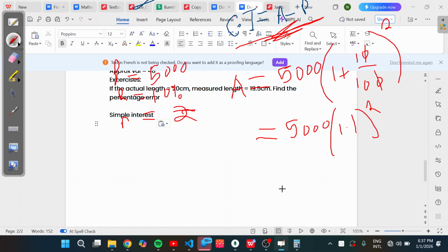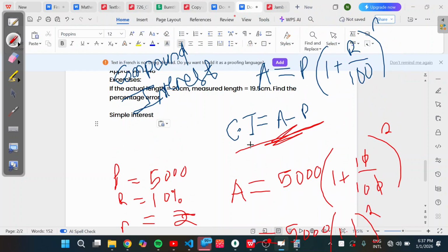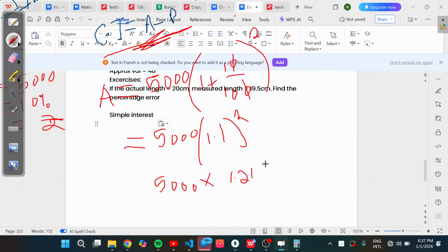So the final answer will then become 5,000 times 1.1 squared. That will give you 5,000 multiplied by 1.21. Remember, we follow this formula. So this will give you 6,050 naira.